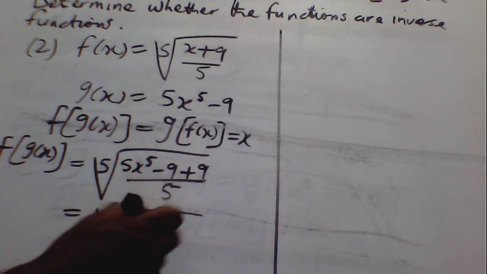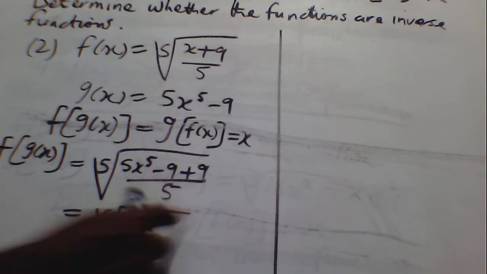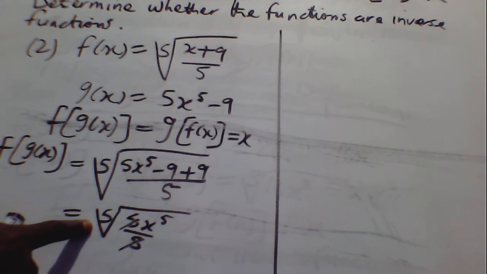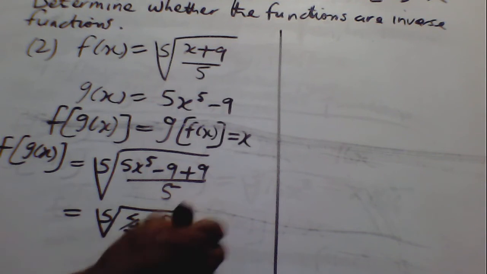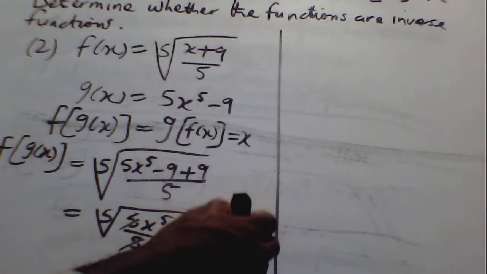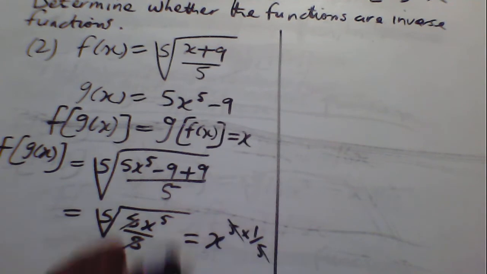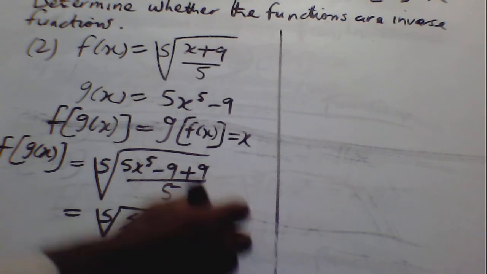So this gives us 5x raised to power 5 divided by 5. So the 5 can cancel out. We see that there is 5 here, there is 5 here. So the index of the radicand, we clear the exponent of the radicand to give us x. If you don't know how to do it, this is equal to x raised to power 5 times this, put in rational form so that they cancel out to give us x. So we have x.